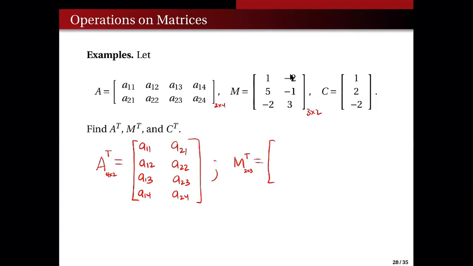So row 1, negative 2, becomes column 1, negative 2. Row 5, negative 1, becomes column 5, negative 1. Row negative 2, 3, becomes column negative 2, 3. So it is 2 by 3.